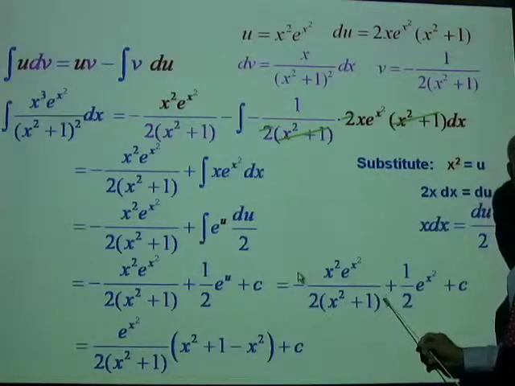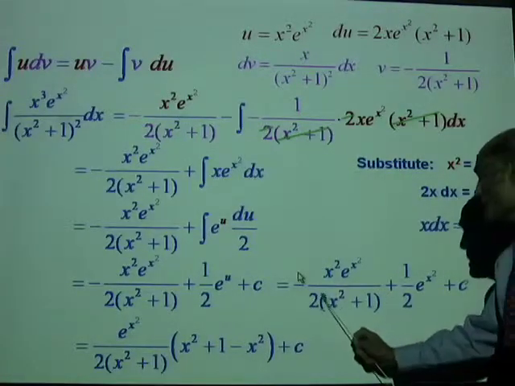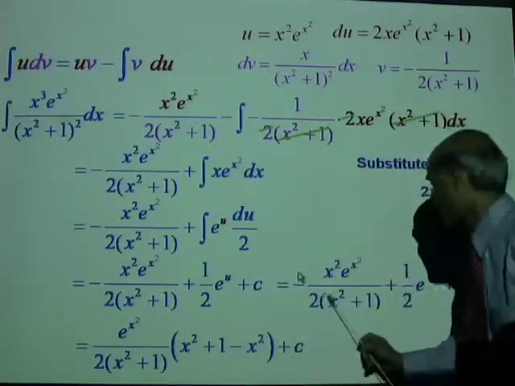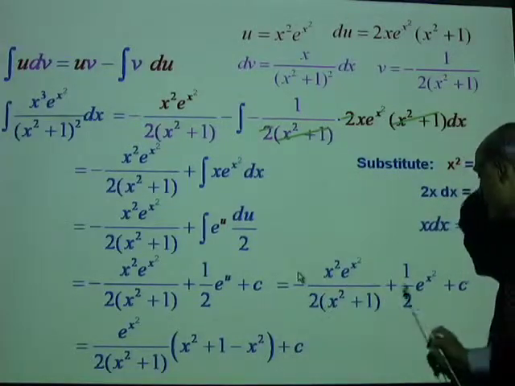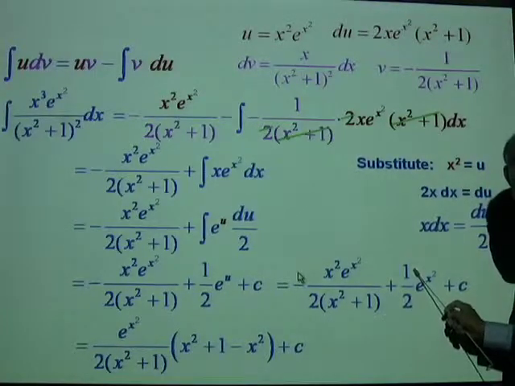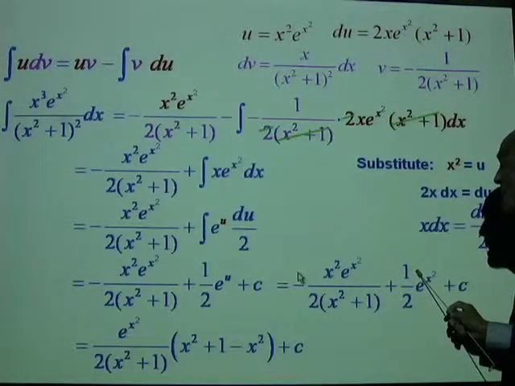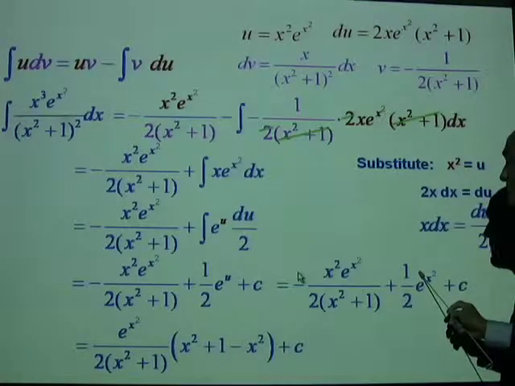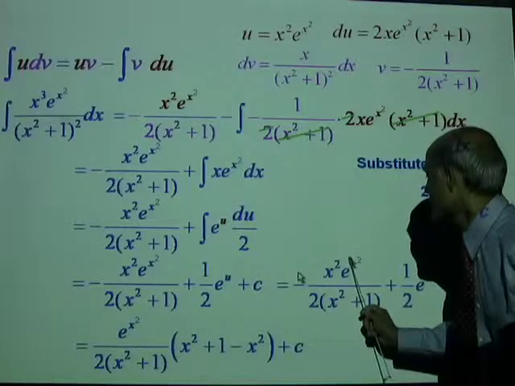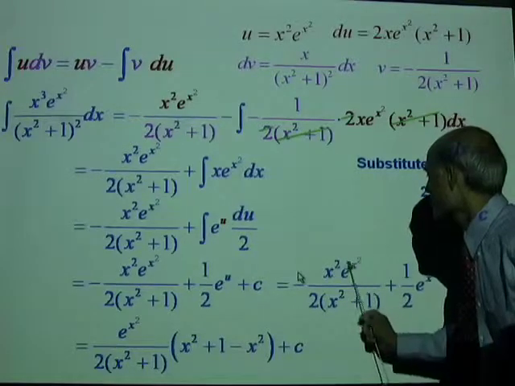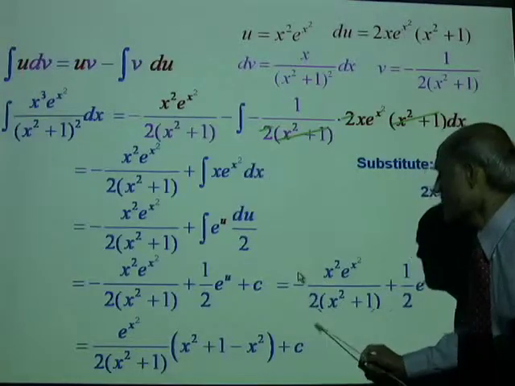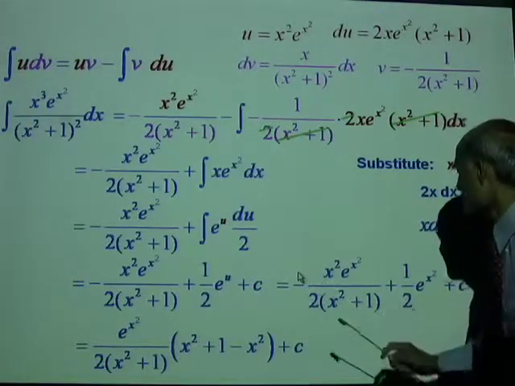Now, how can I do that? When I take out on the denominator 2 times x squared plus 1, that is in here, but x squared plus 1 is not here. That means the numerator will get multiplied by x squared plus 1. Is that right? So, watch again. We take out e to the power of x squared divided by 2 times x squared plus 1.